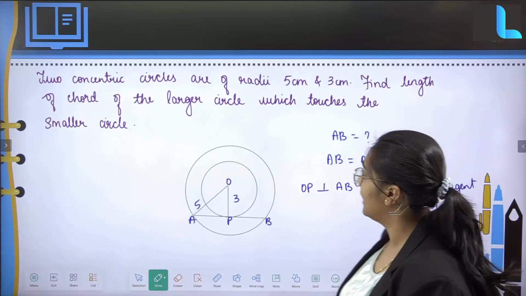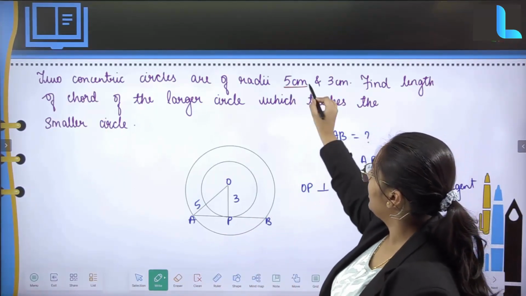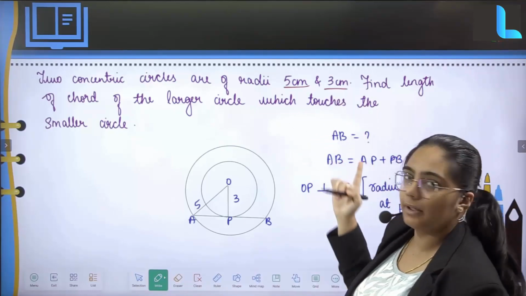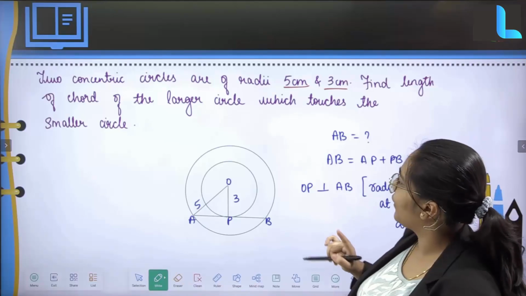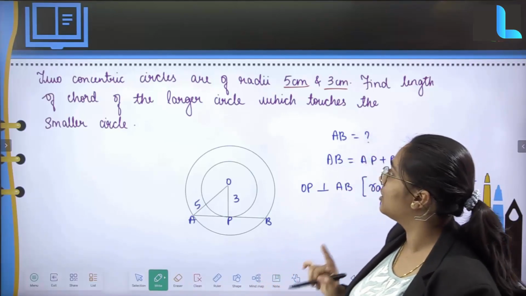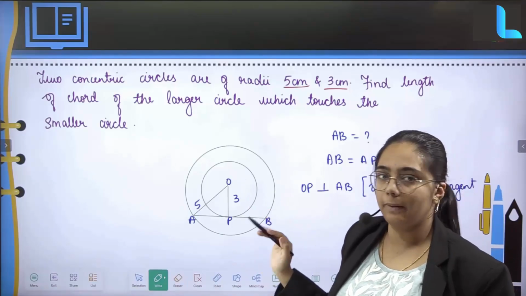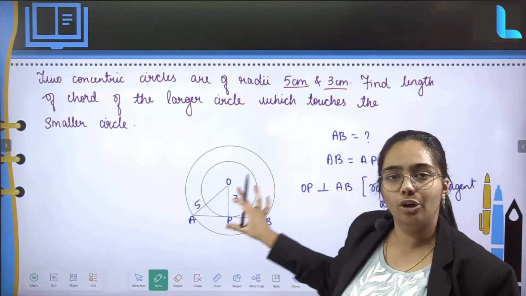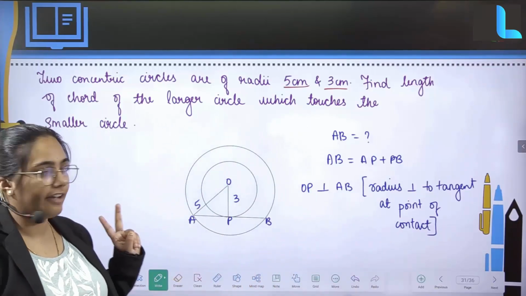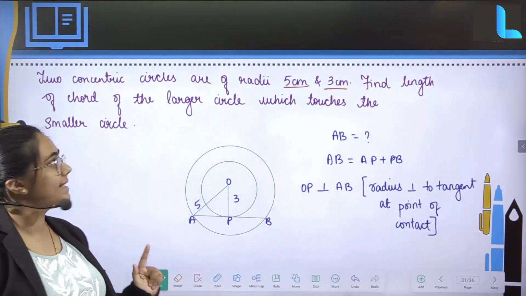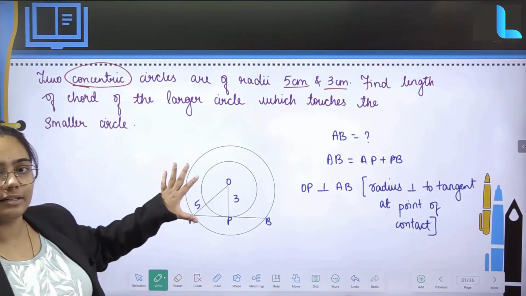Next question: two concentric circles are of radius 5 centimeter and 3 centimeter. You have to find the length of the chord of the larger circle which touches the smaller circle. Over here there would not have been any diagram provided, so you have to prepare a diagram. Basically, there are two radii mentioned, 5 centimeter and 3 centimeter. Concentric circles, so what are concentric circles?